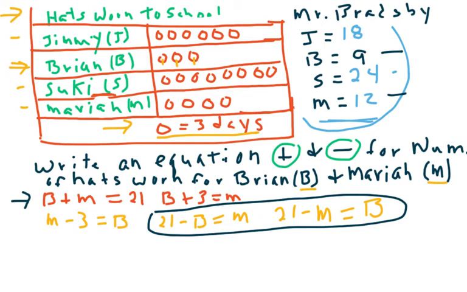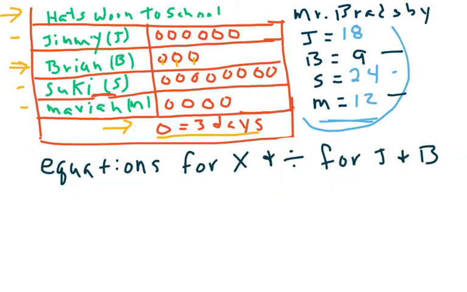But I just wanted to show you some ways that I see these relationships. Okay, so there we used addition and subtraction to write some comparison problems for Mariah and Brian.